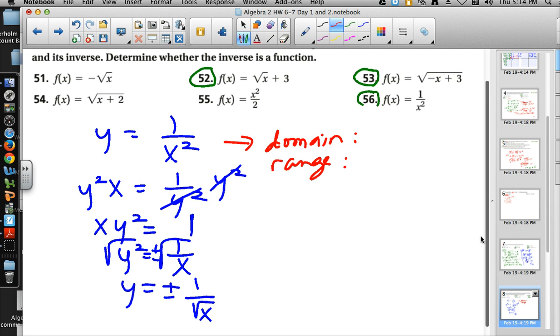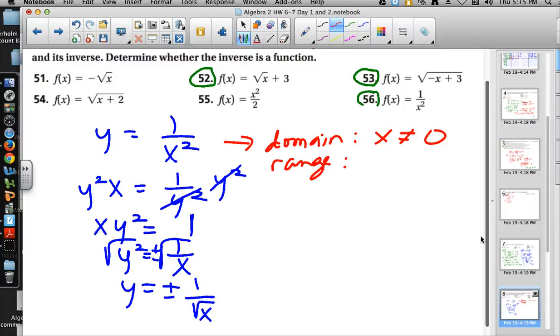Okay, so my domain here. Well, I can't use 0. I can use anything else, but I can't use 0. And what will I get if I do that? Well, let's see. If it was 1 over 1, then that's going to be going down to 1. If it's 1 over 1/2 squared, that's going to go to 4.